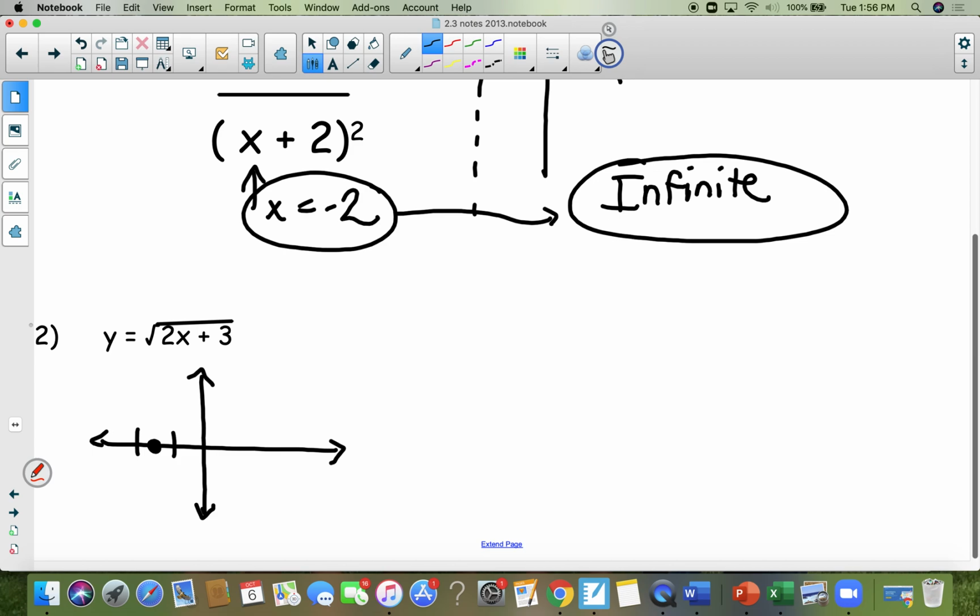A radical makes a swoosh and it looks like this. Kind of a tricky one because it looks like a continuous graph, correct? But there's discontinuity from negative infinity to negative 1.5.